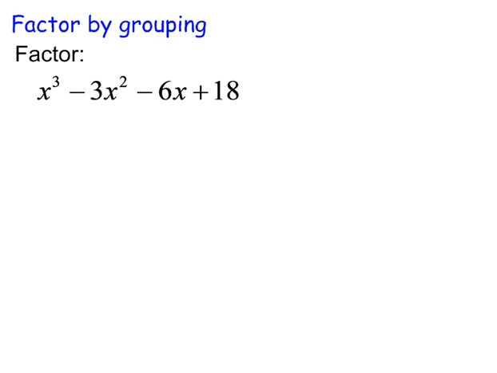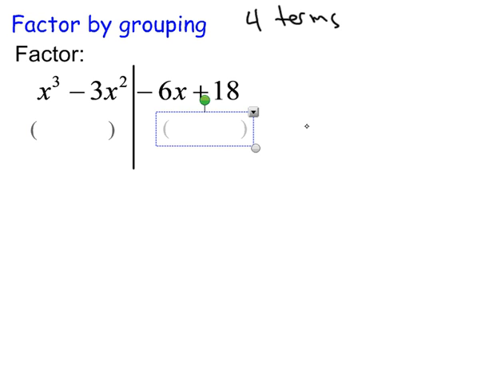Okay, the last one. I know it's been long. Factor by grouping. So what you want to do in factoring by grouping, you're going to have 4 terms. You want to split them down the middle, and you're going to write 2 sets of parentheses.